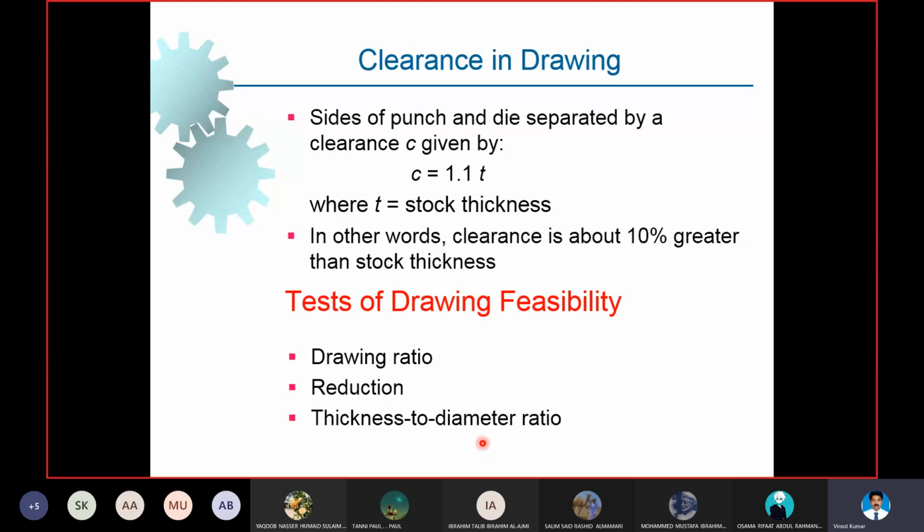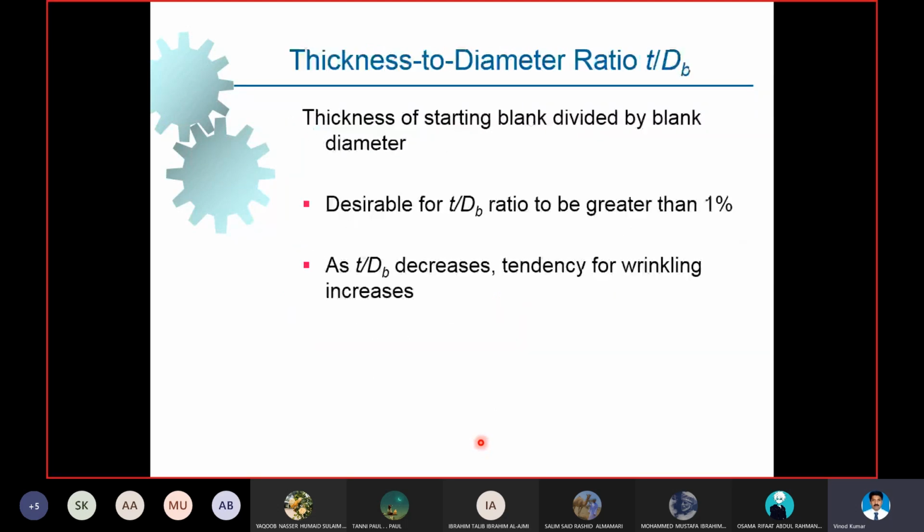Third is the thickness to diameter ratio. The desirable blank thickness to blank diameter ratio should be greater than 1%. If T by dB is less than 1%, that means 0.01, then the material will have a tendency for wrinkling rather than a drawing process.